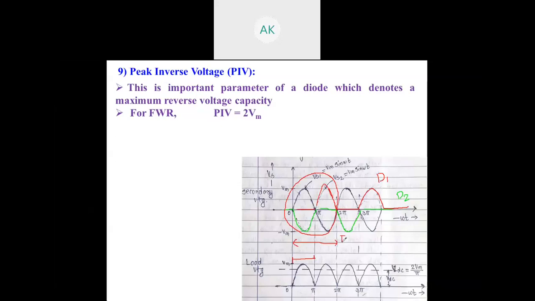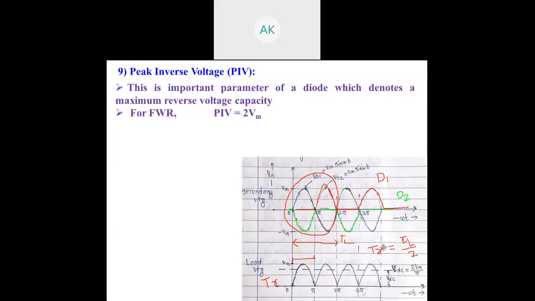Let's consider the period of the input as TL, and the period of the ripple as TR. If you observe, during one cycle of input, two half cycles of output are available. So these two periods can be related: TR is half of the line period.